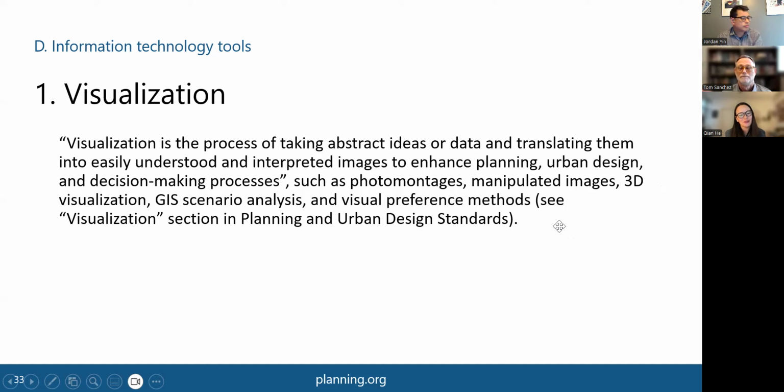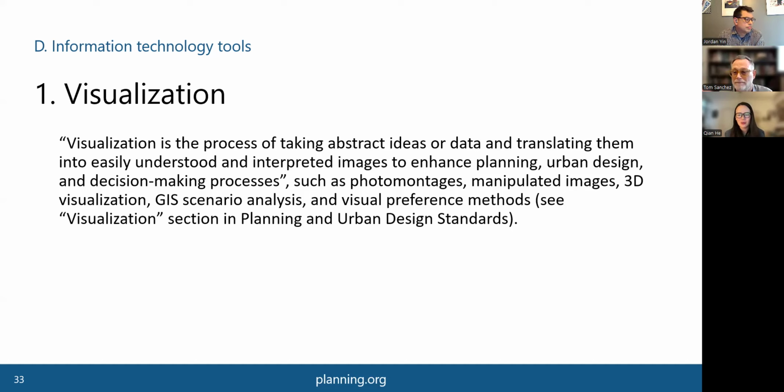And according to the definition here, visualization is the process of taking abstract ideas or data and information and translating them into easily understood and interpretable images to enhance planning, urban design, and decision-making processes, such as photo montages, manipulated images.